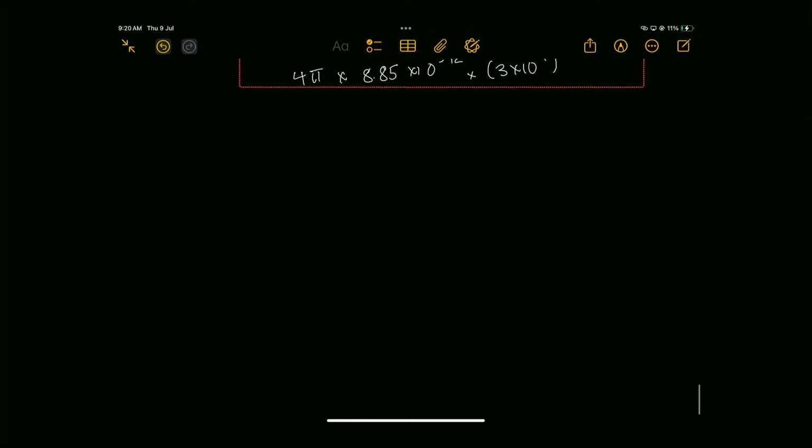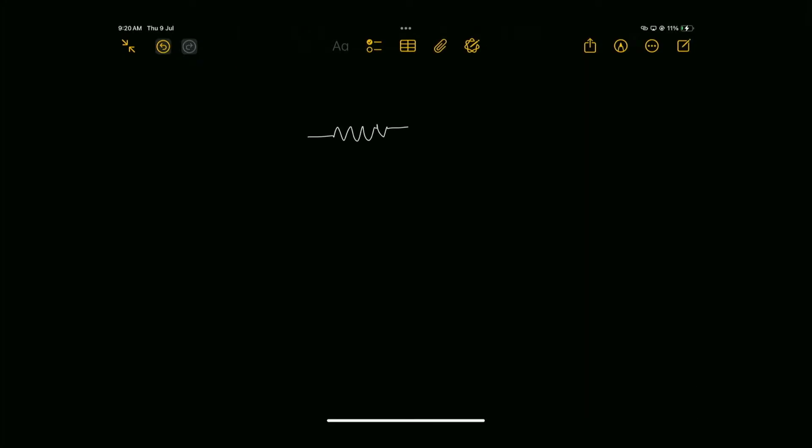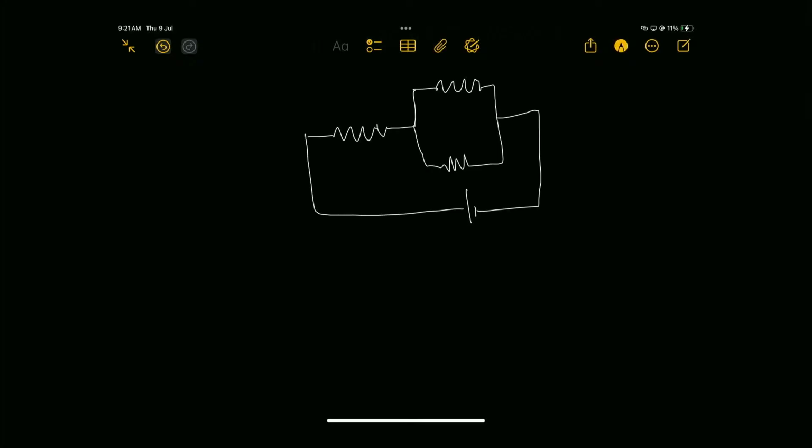In part C now, we have this circuit. This is 100 ohms, 200 ohms, 300 ohms, and 12 volts, right?